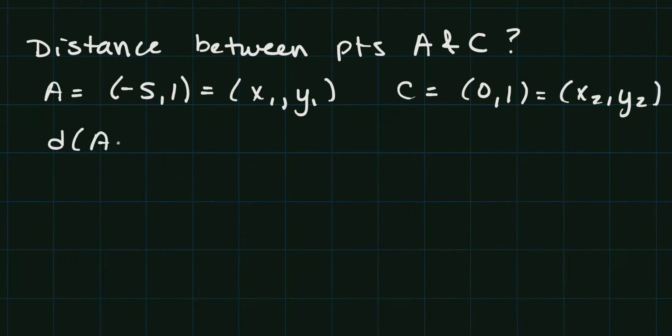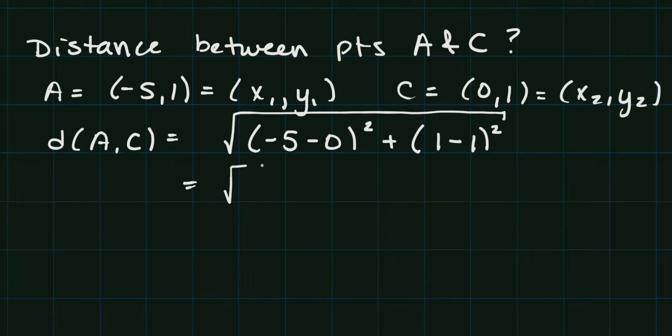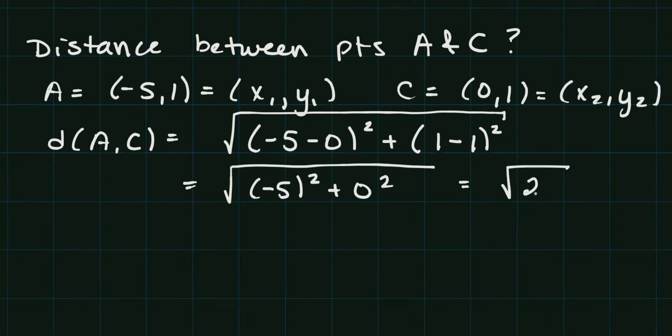So the distance between A and C is the square root of x1, which is -5, subtract x2, square it, plus 1 minus 1, square that. This one's actually not too bad. It's the square root of -5 squared plus 0 squared, which is the square root of 25, which you can leave like that, but that's also equal to 5. So the distance between A and C is 5.